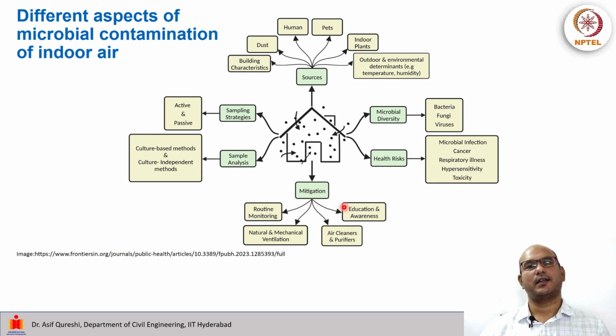Also, we can have education and awareness to make people aware of the bioaerosol pollution, bioaerosol toxicity, and that will help them modify or undertake behavior that will minimize or reduce the risk to bioaerosol exposure and the subsequent health risk.